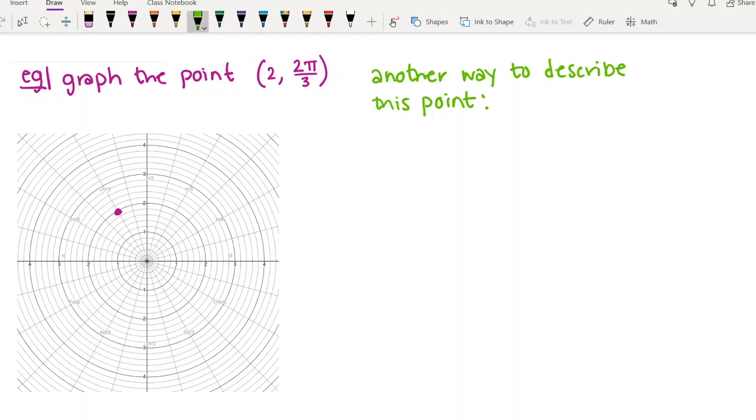If we were to measure the angle instead like this, as a negative angle, it would be negative pi over 3, negative 2 pi over 3, negative 3 pi over 3, so negative 4 pi over 3.